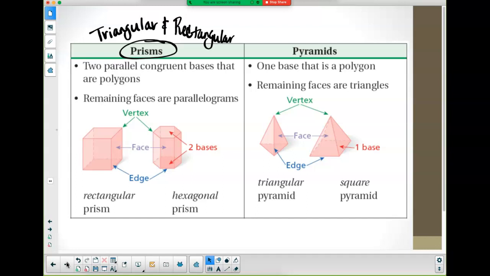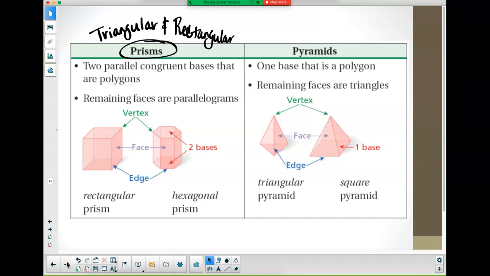So this right here would be called a triangular pyramid because the base is a triangle. This would be called a square pyramid because the base is a square. So just being able to identify that this is a pyramid, where these are like this, these are prisms. The difference between a pyramid and a prism: pyramids come to a point, prisms do not.